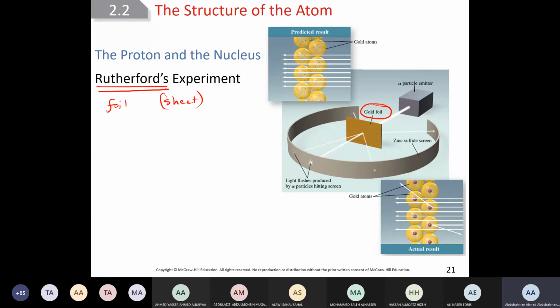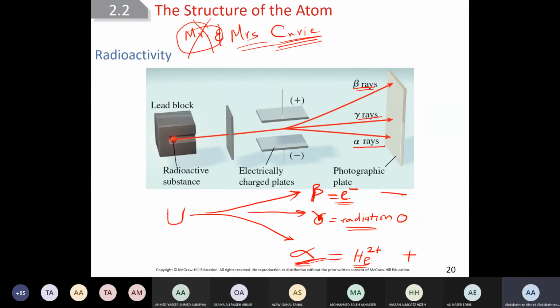He took a piece of gold like this one. This is gold, just simply gold. And he hit it with what? Alpha particles. Alpha rays, which is this radiation, alpha.